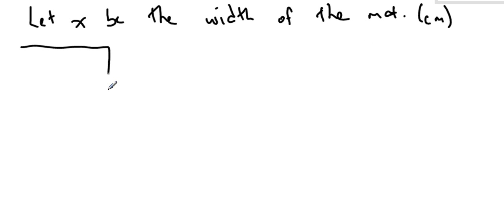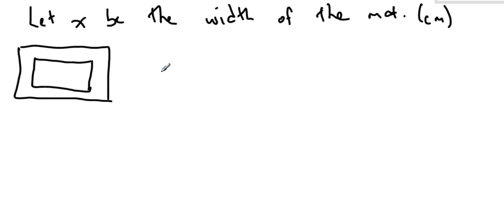And I'll redraw a little picture over here. I'm just going to put a little happy rectangle in the corner. All right, anyway, we know that this distance and this distance are therefore x. And we know that this distance and this distance are also x.